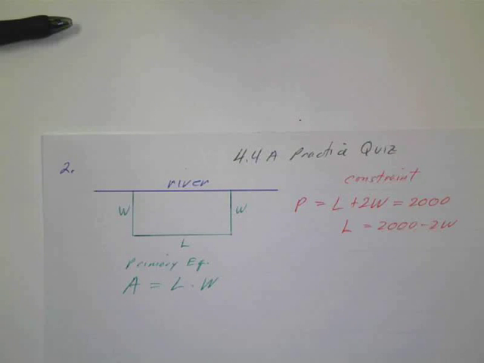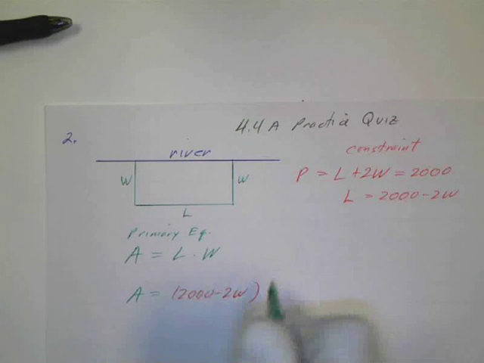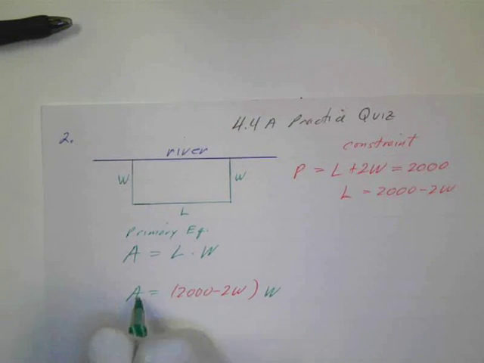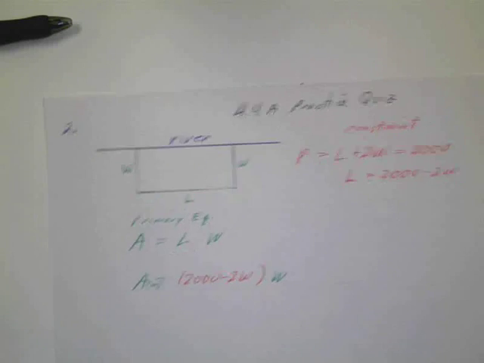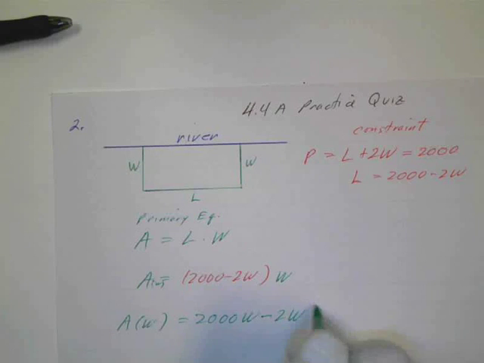So now I'm going to rewrite this area equation over here. And I have L, so instead of writing L, I'm going to write 2,000 minus 2W times W. Now that's going to give me my area as a function of W. So area as a function of W equals 2,000W minus 2W squared.